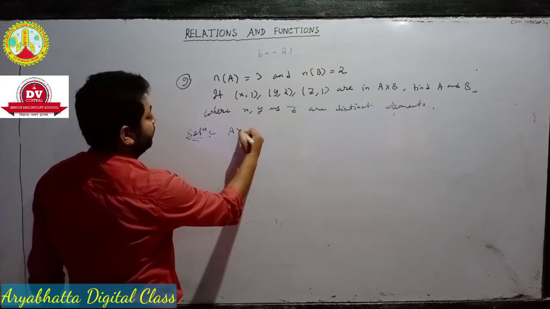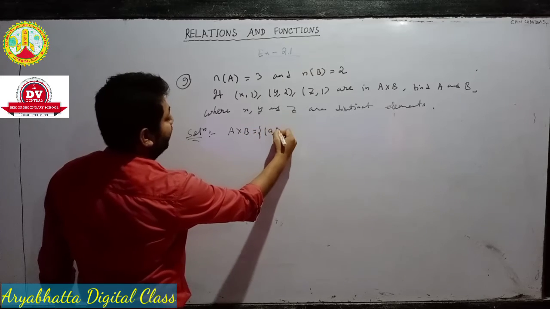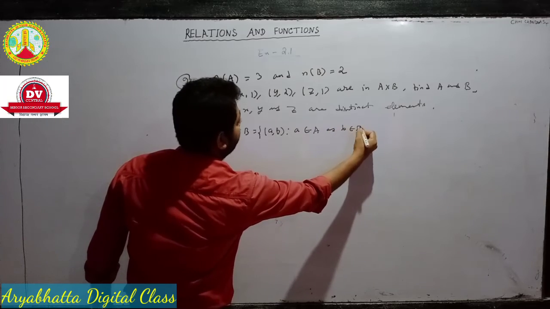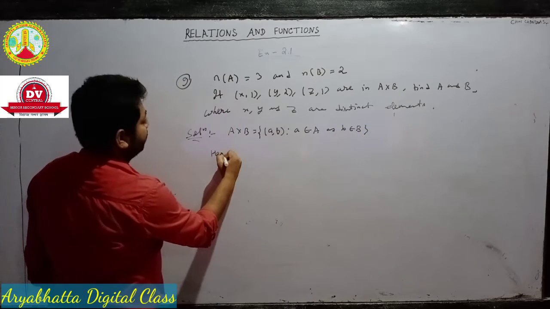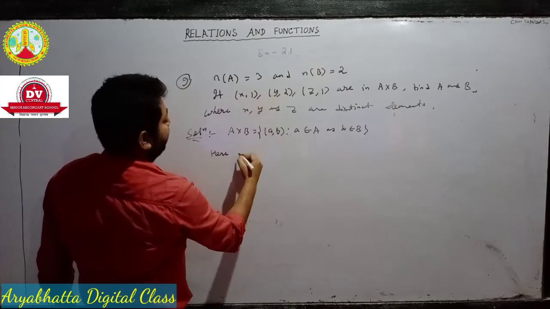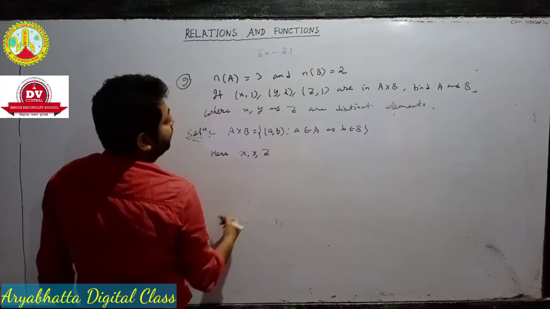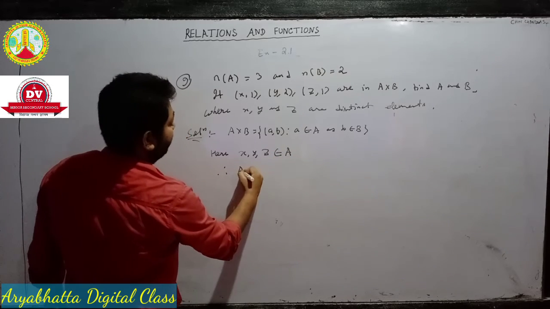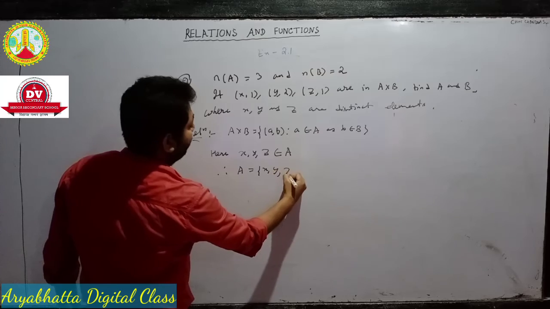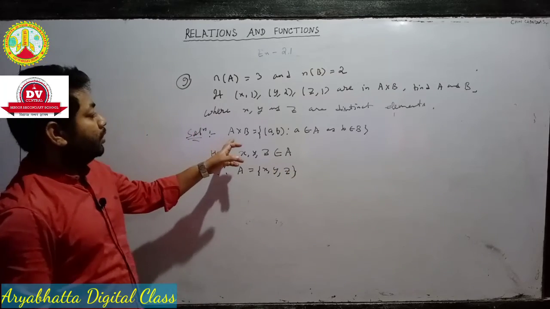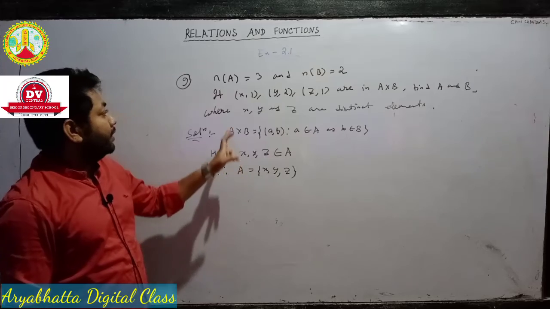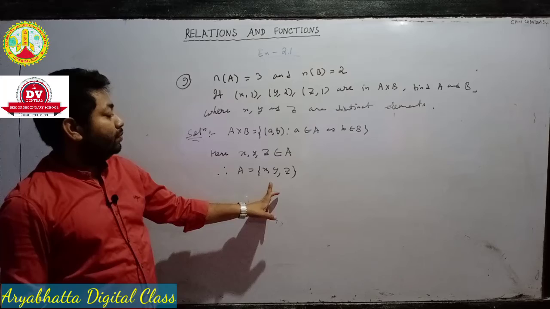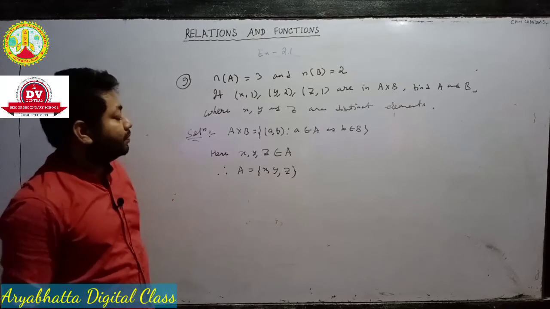We know that A × B is the set of ordered pairs (a, b) such that a belongs to A and b belongs to set B. Here x, y, z belong to set A, therefore the set A is equal to {x, y, z}.